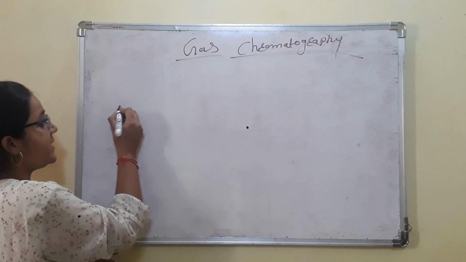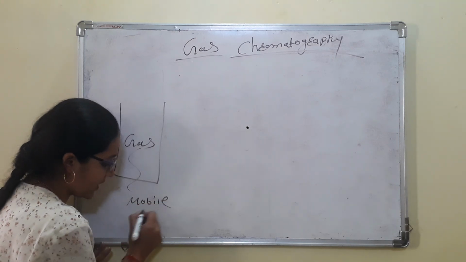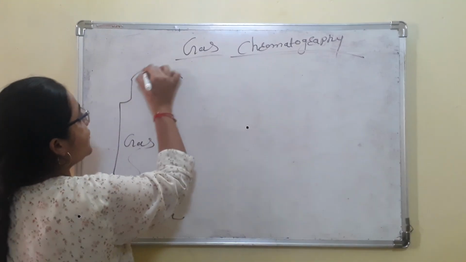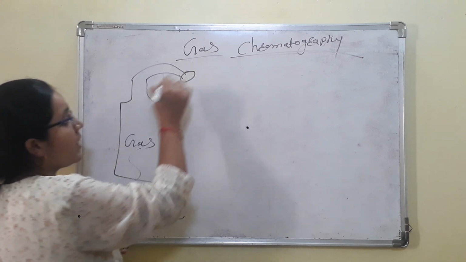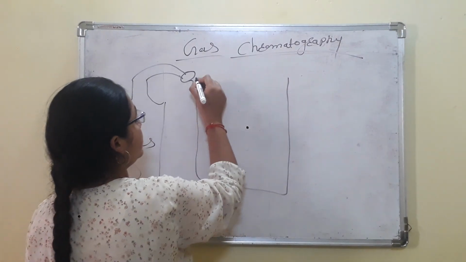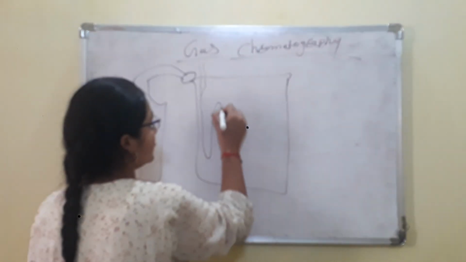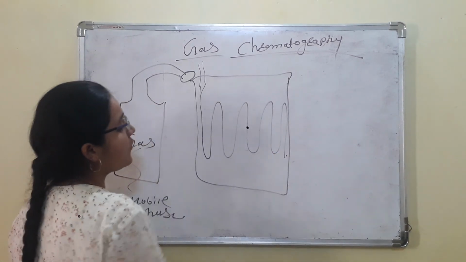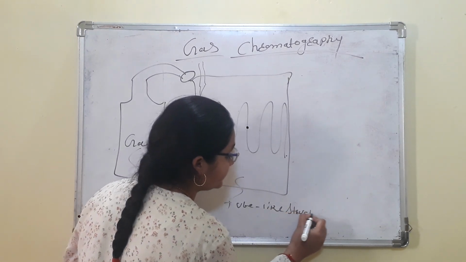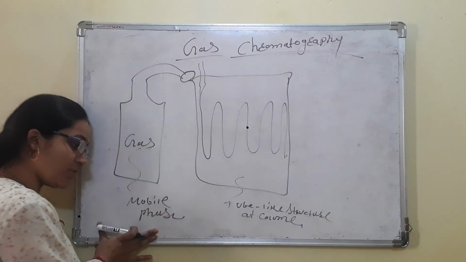So guys, in this technique we use gas as a mobile phase, and this gas is attached with a controller and to a tube-like structure, the column. We use gas as a mobile phase, and that's the reason it is called gas chromatography.